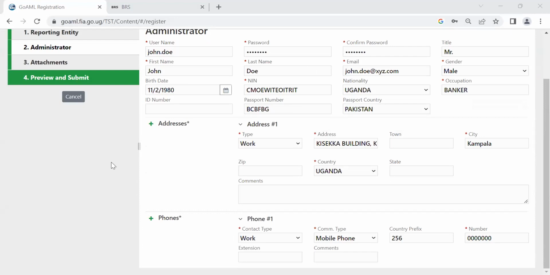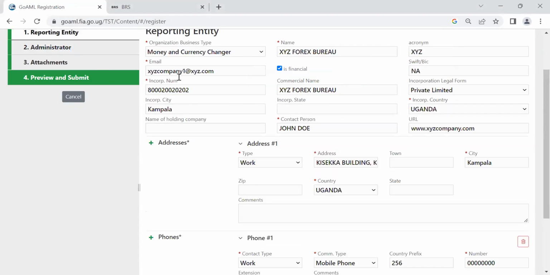Mr. Ivan, I'm Changani from Victoria. Yes, please. For this reporting entity, when I go back, the incorporation number is required. It's showing red, not green. Did you capture it? No, because we don't have it. The certificate is old. Do you have a certificate of incorporation? Yes, but there is no number on it.